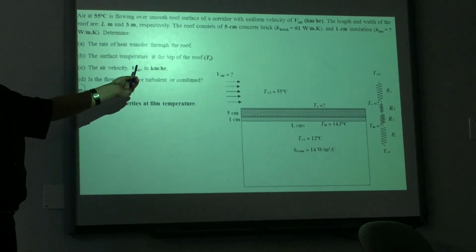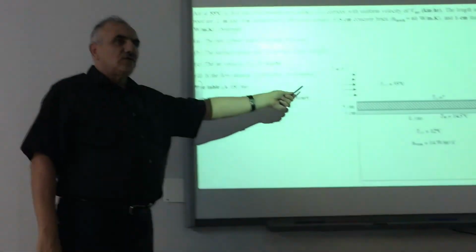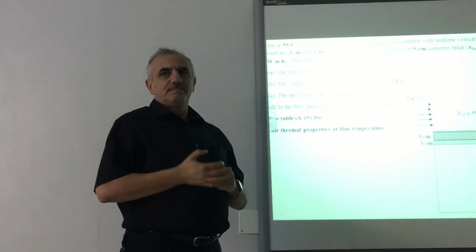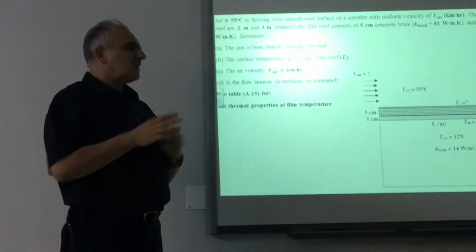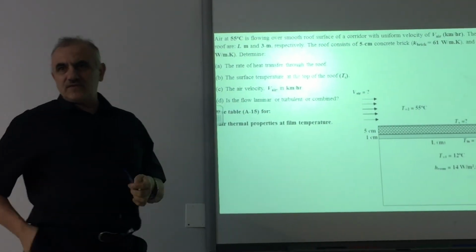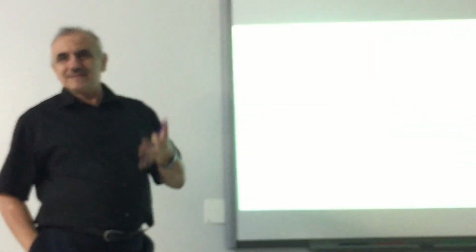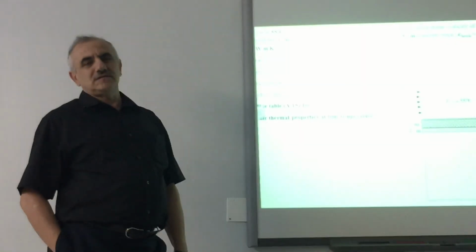If you assume laminar and you end up with turbulent at the Reynolds number, you have to assume combined, which means you have to repeat it again, because your actual assumption should be combined, not laminar. That's the only difference. Okay? So that's worth 15 points. I'm sure all of you can get the full credit.